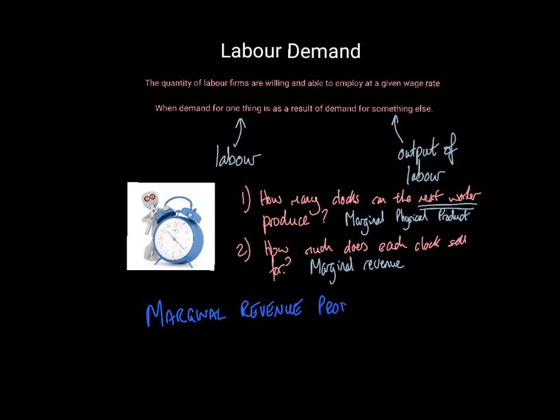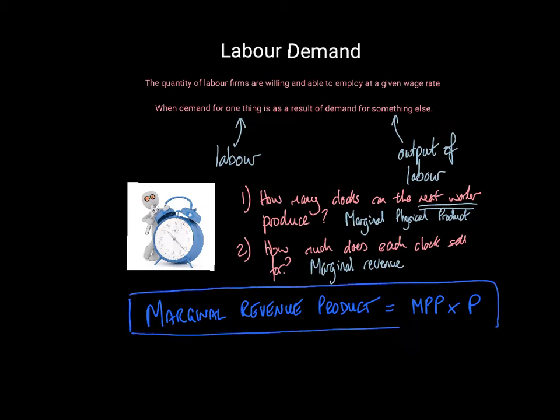And this is what determines how many workers a firm is going to employ, or is going to be employed in an industry at a given wage rate. And it's equal to the marginal physical product multiplied by the price, or by the marginal revenue or the average revenue, because they're all the same here. So the marginal revenue product is the marginal physical product multiplied by the price.